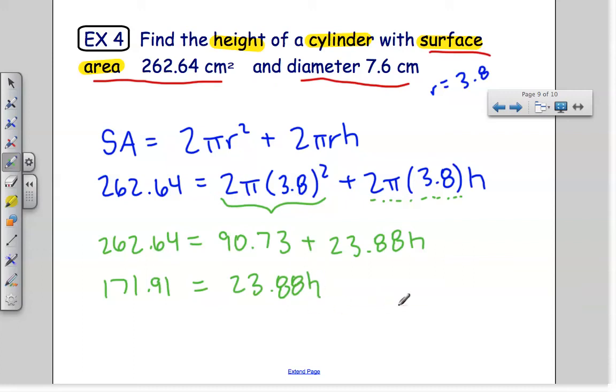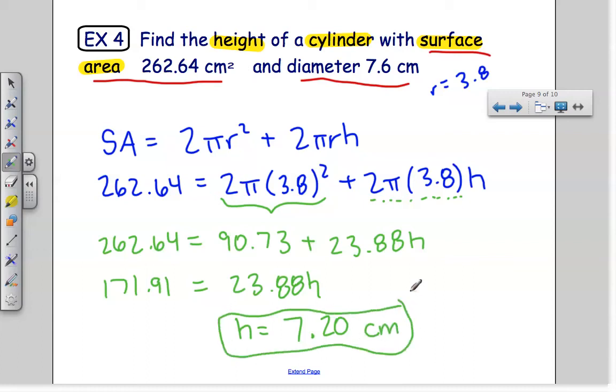So I'm dividing that 171.91 divided by 23.88. And finally I come up with a height, accurate to 2 decimal places, of 7.20. And the height would just be a measurement. It looks like we're in centimeters here. There we go. So that's also solving for an unknown.